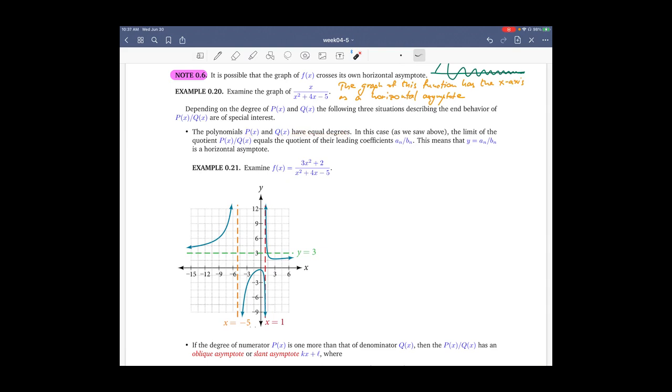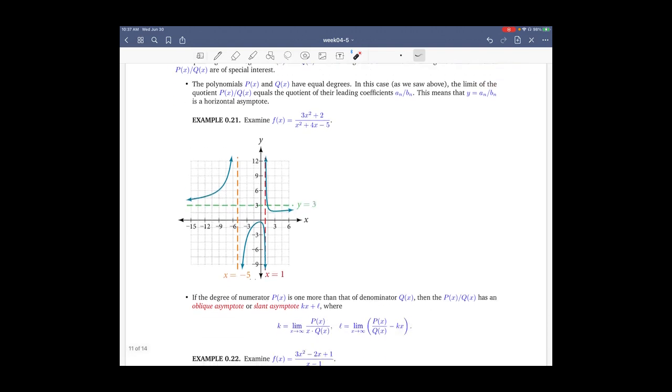As we know, we have established this, the limit of the quotient at infinity simply is the ratio of the leading coefficients. And the graph will have a horizontal asymptote, y equals the ratio of the leading coefficients.